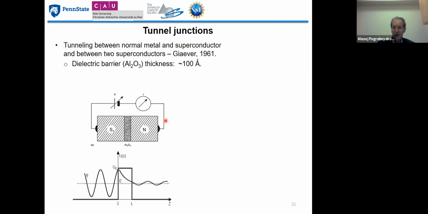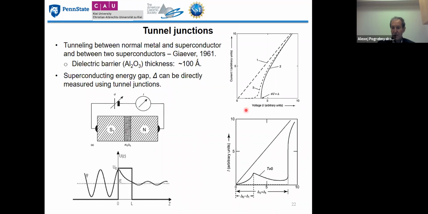What was found is that the current was not passing up until some value of applied voltage, and this value equals exactly the superconducting energy gap in the superconductor that forms this junction.